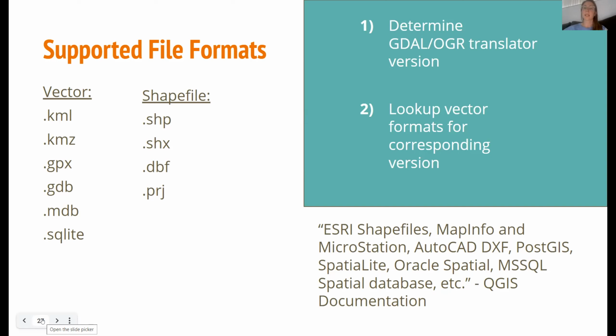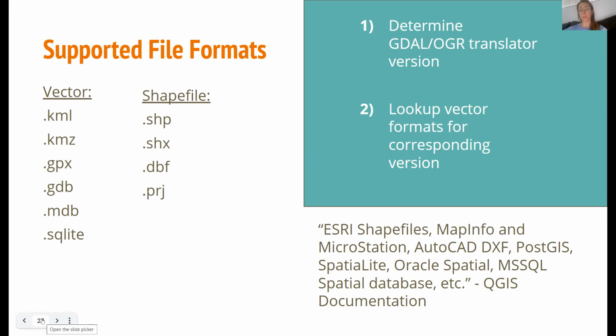Our translators are most likely in their version 3 as well. Once you know what translator version you're working in, you can do a quick Google search and look up the vector formats accepted by that translator. So if you can figure out what translator version you're on, you can figure out what vector formats correspond with that translator. It's kind of a tedious function.